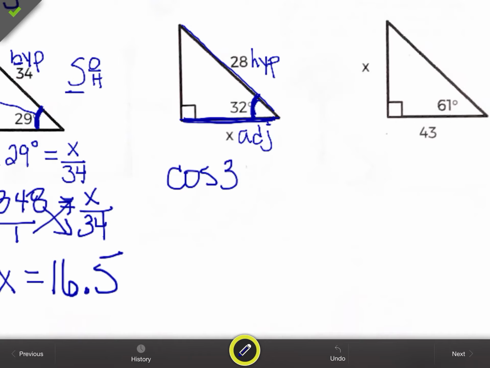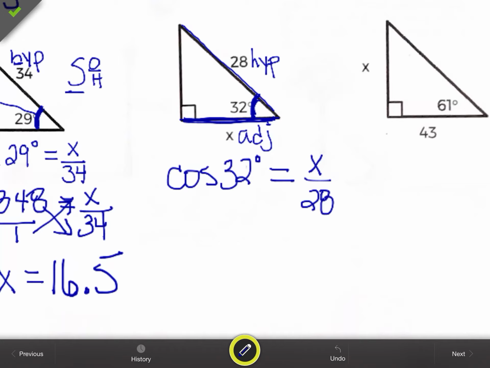What's my angle? 32 degrees equals, so trig function, trig ratio, angle equals, now we write our fraction. Okay. Cosine is adjacent over hypotenuse, so what did I label as adjacent? What did I label as my hypotenuse?